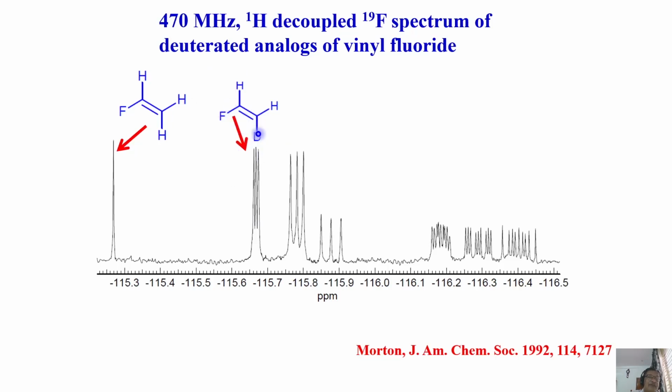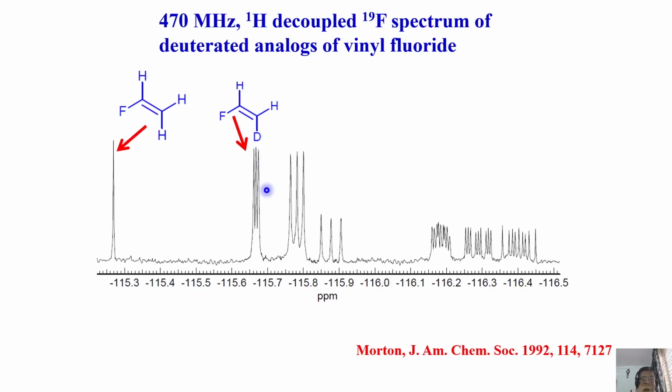There is 3J FD coupling, a cis three-bond vicinal coupling, and you can easily measure it. This deuterium, because it is spin 1, splits this fluorine resonance into three lines of equal intensity. You measure the separation of adjacent peaks of this triplet, and you get the vicinal cis 3J FD coupling.